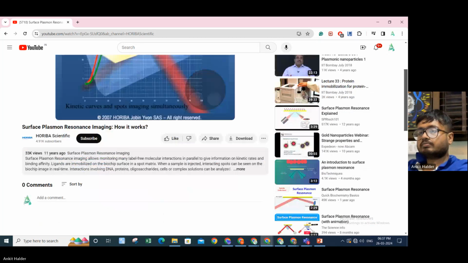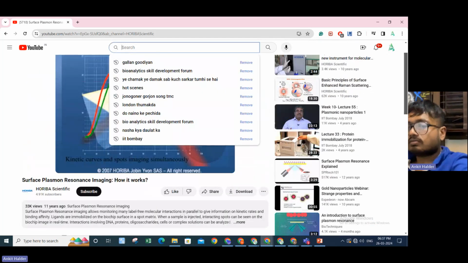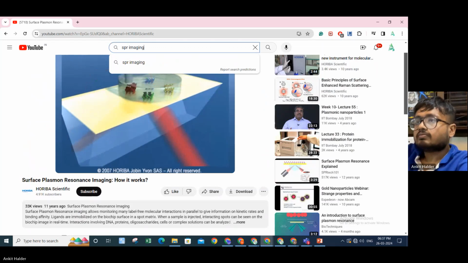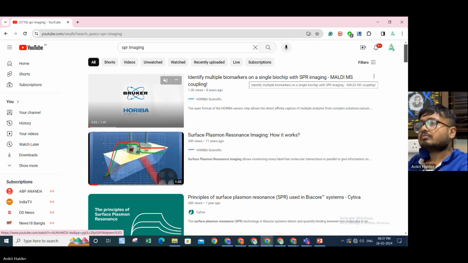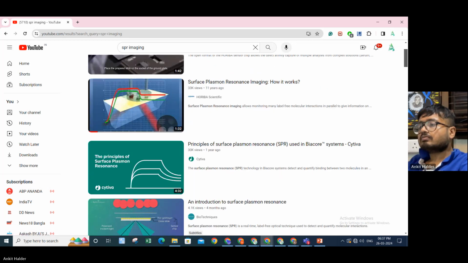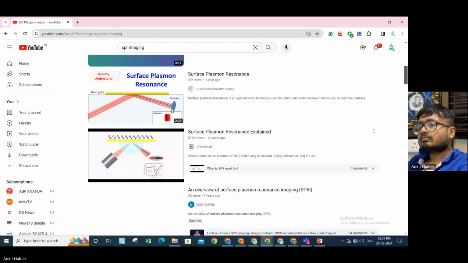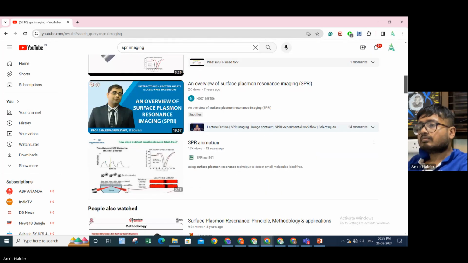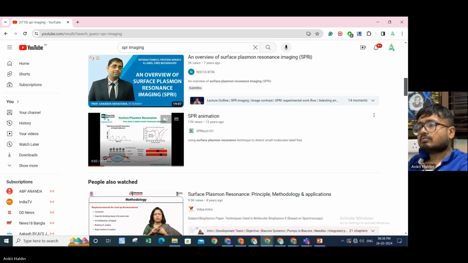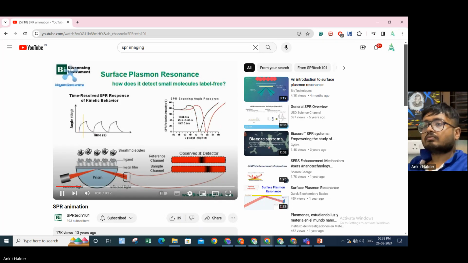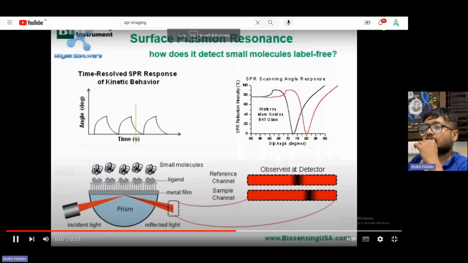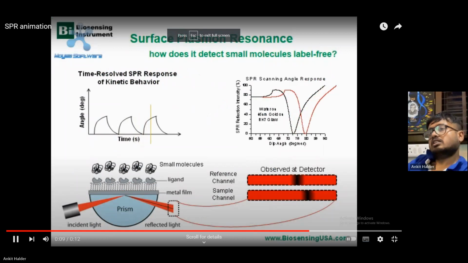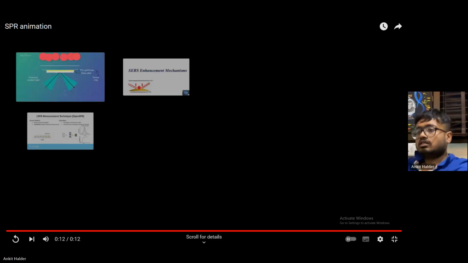So this is just the improved version of the SPR machine.